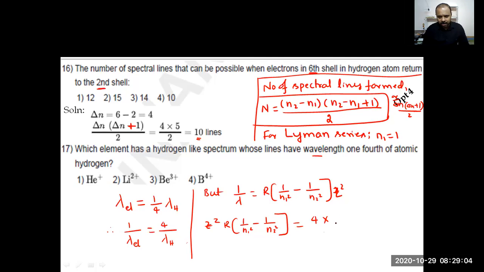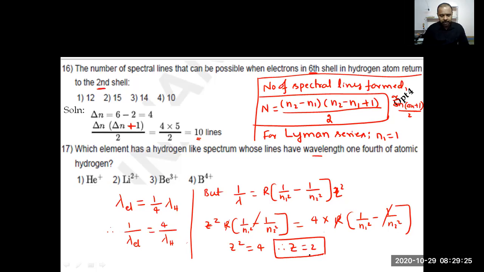Z is 1 there. R into 1 over n1 square minus 1 over n2 square. So this gets cancelled. Now, therefore, somebody told me correctly, Z square is 4. Therefore, Z is equal to 2. Varsha and Abhinav. Z is 2 is helium.